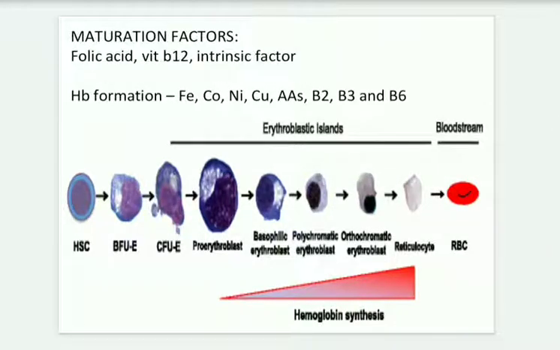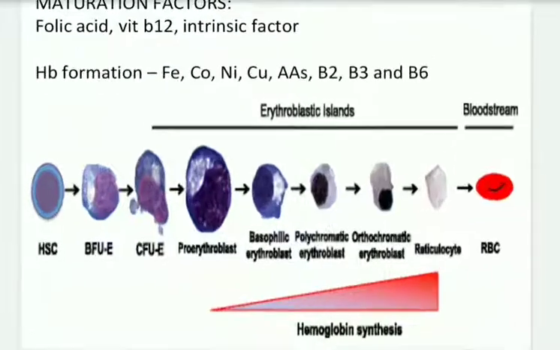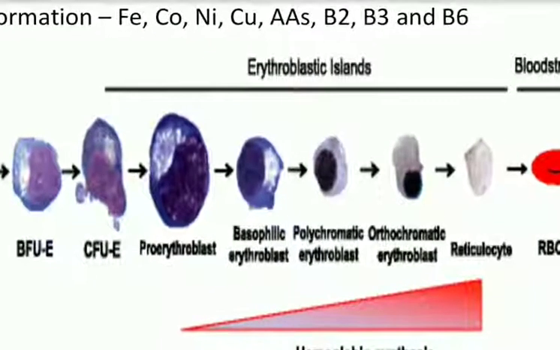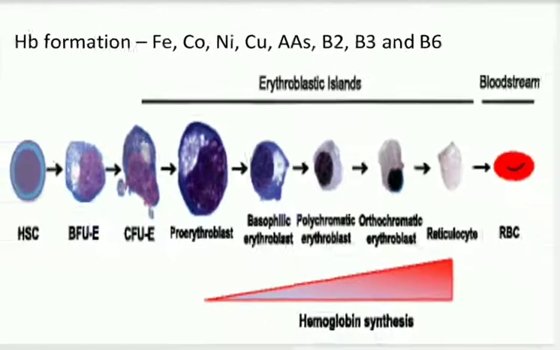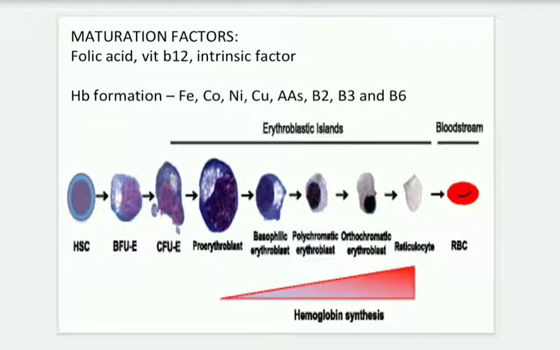This shows your perfection from the exam point of view. And note here the red line, hemoglobin synthesis. It starts in the middle of the proerythroblast and ends in the middle of the reticulocyte. This is the erythroblastic island.